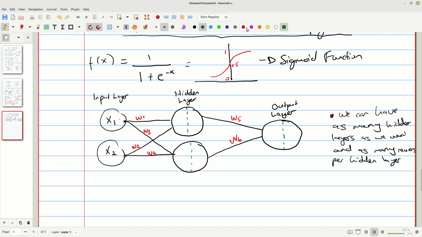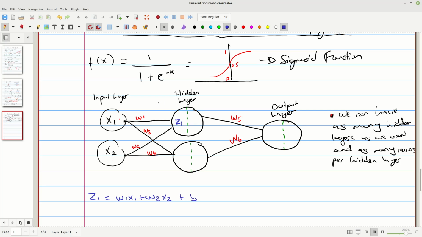I'm going to write the z1 in here. This is our z1. So we can say z1 is equal to w1 x1 plus w2 x2 plus some bias term.